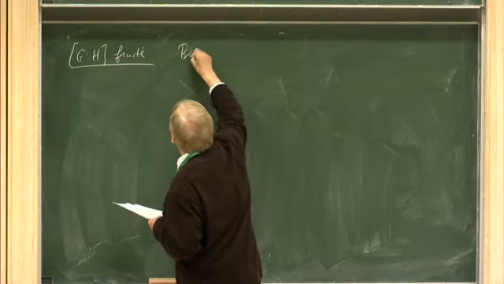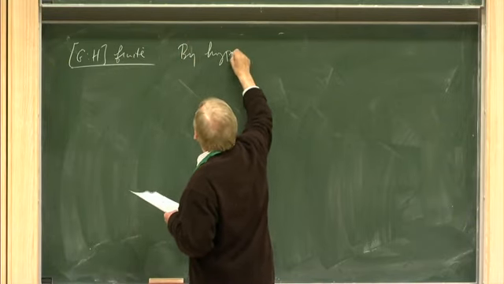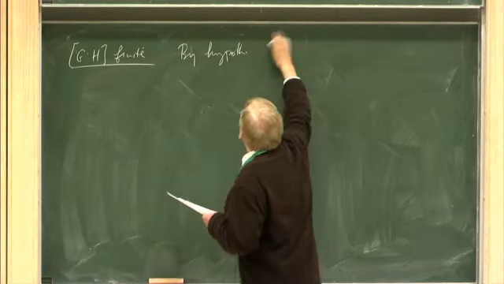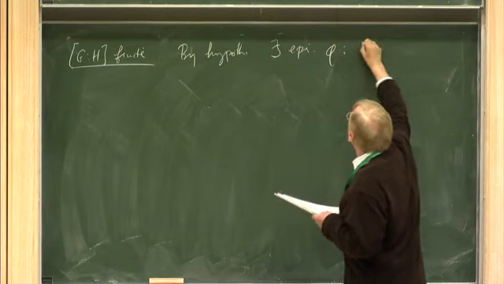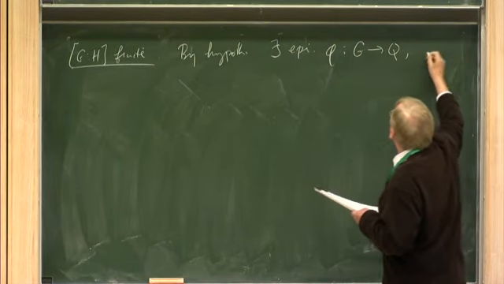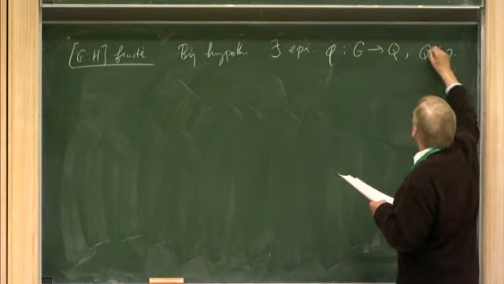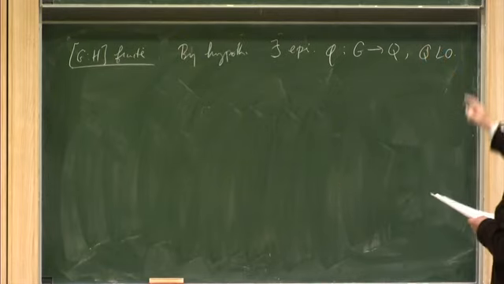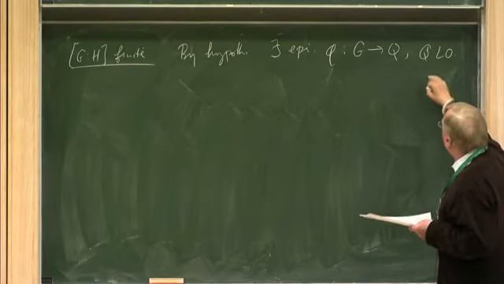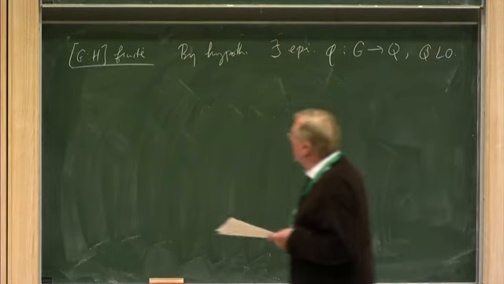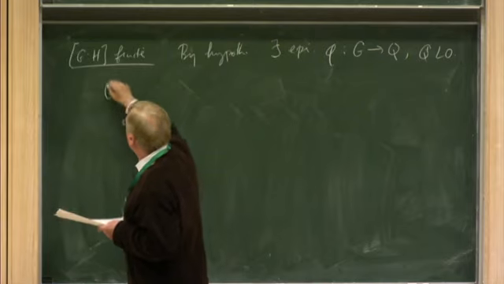So by hypothesis, there exists an epimorphism phi from G to Q, left orderable. That's our hypothesis. We're trying to prove that G is left orderable. So there's an epimorphism from G to Q. Now Q is left orderable, so it's non-trivial. So well, it's infinite. So Q is infinite.